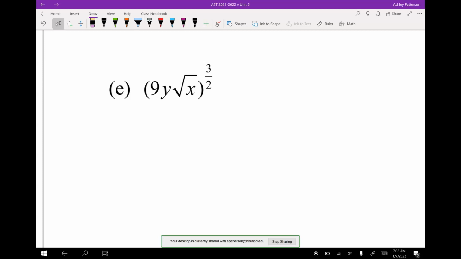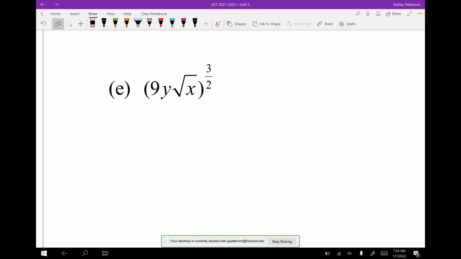For E, we have 9y square root of x raised to the 3/2 power. Okay, if we have numerous terms inside of a quantity, and there's an exponent on the outside, you have told me a few times today that that is going to distribute inside, yes? Okay.